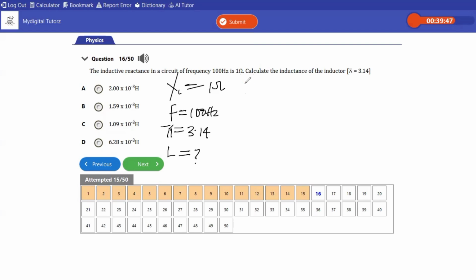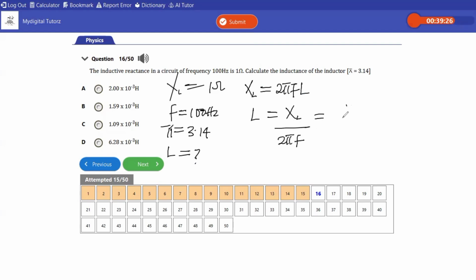So remember this relationship: XL, the inductive reactance, is equal to 2 pi F L. You are looking for L, therefore L will be equal to XL all over 2 pi F.